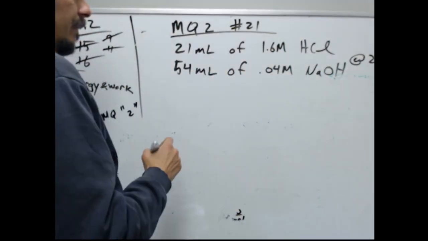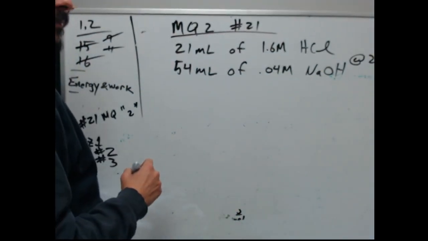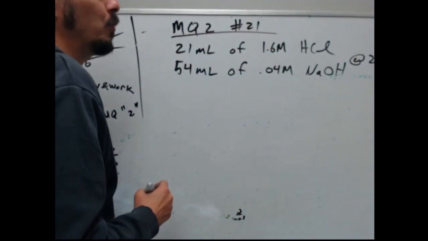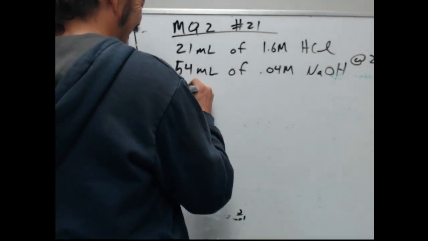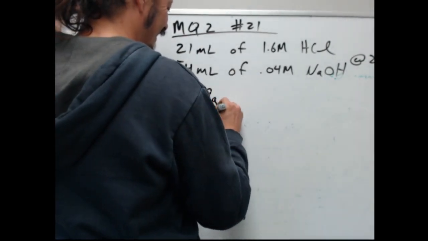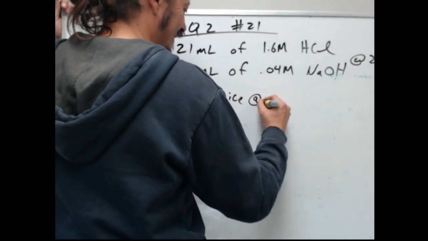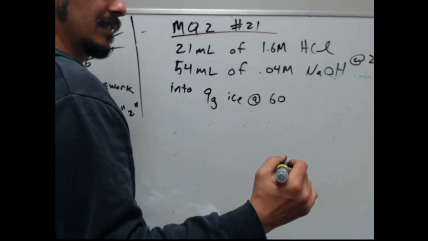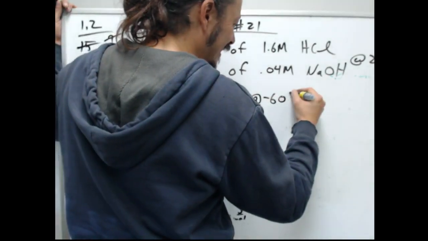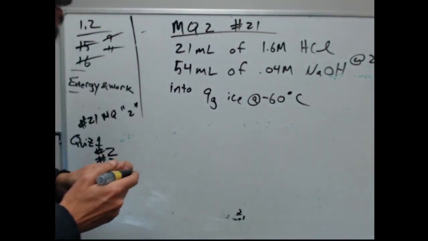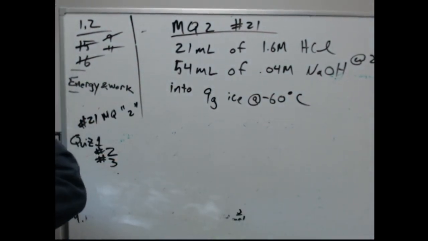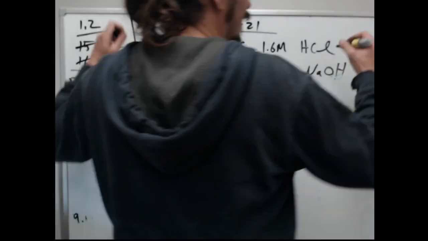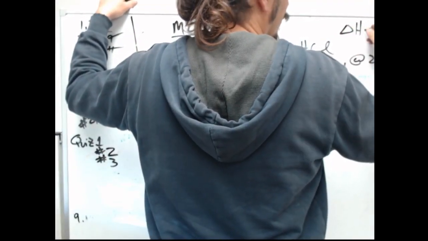We pour both beakers into a large insulated container, which contains 9 grams of ice at negative 60 degrees Celsius. Calculate the final temperature. Note that the enthalpy of neutralization is negative 57.3 kilojoules per mole.